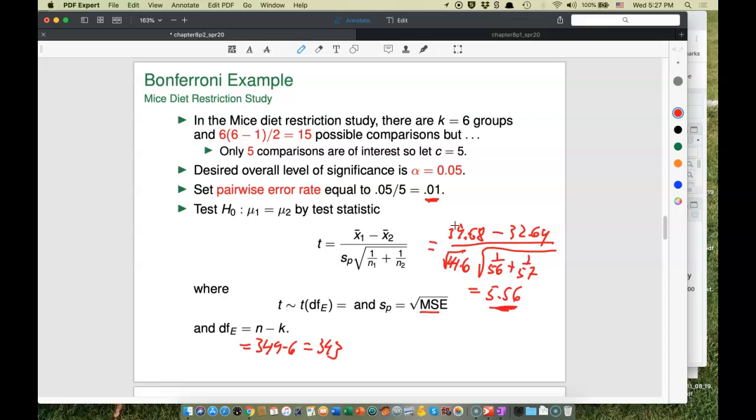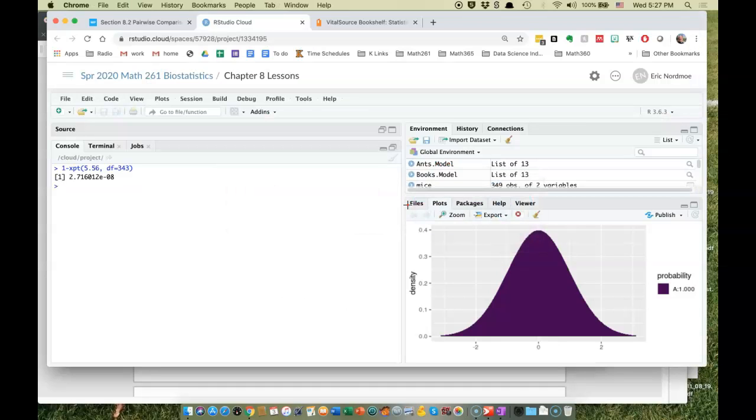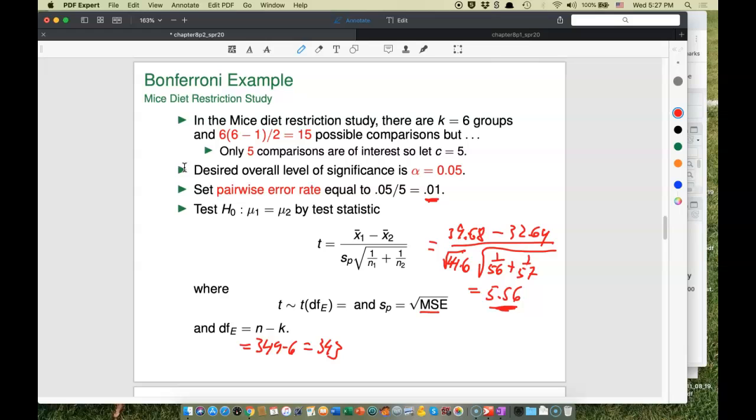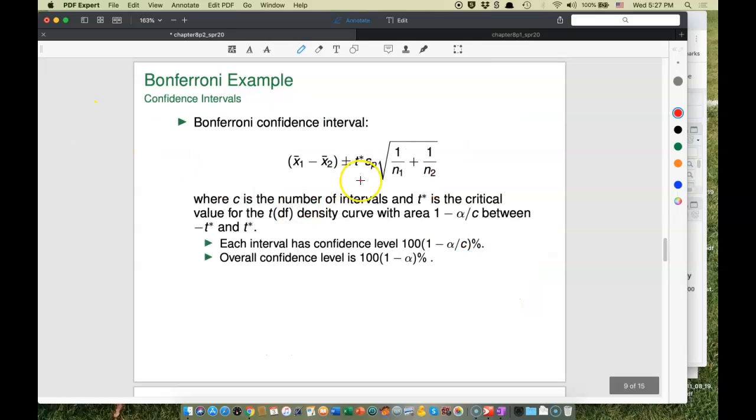Now, if we had done this with the t procedure, an unadjusted procedure, Fisher's method would have calculated the same test statistic, but we would have been comparing the p-value with 0.05. Because the p-value was so small, it doesn't really matter which in this particular case, but that's the idea of the procedure. On the confidence interval side, let's have a look.